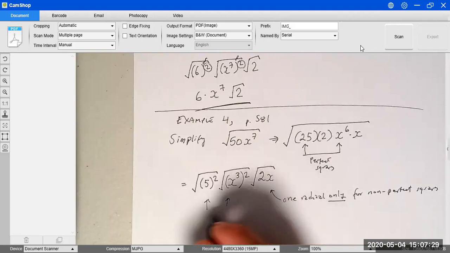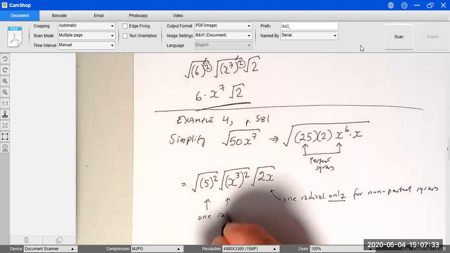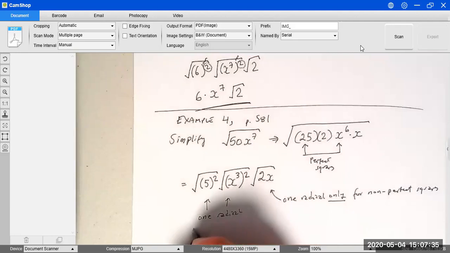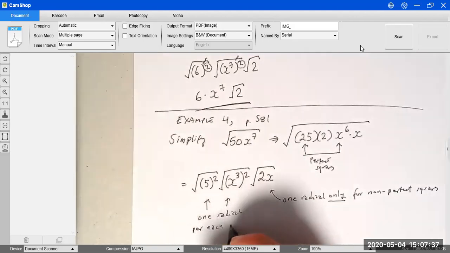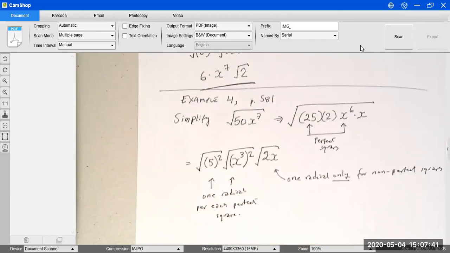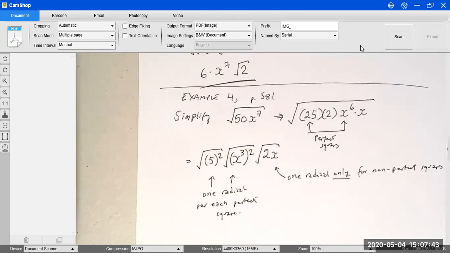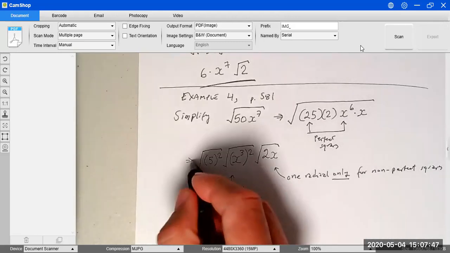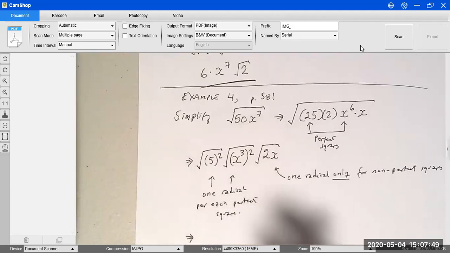In this case, I have one radical per each perfect square. So that's my technique. It's not in the book, but it's something that has worked for me for a long time. So let's finish this.